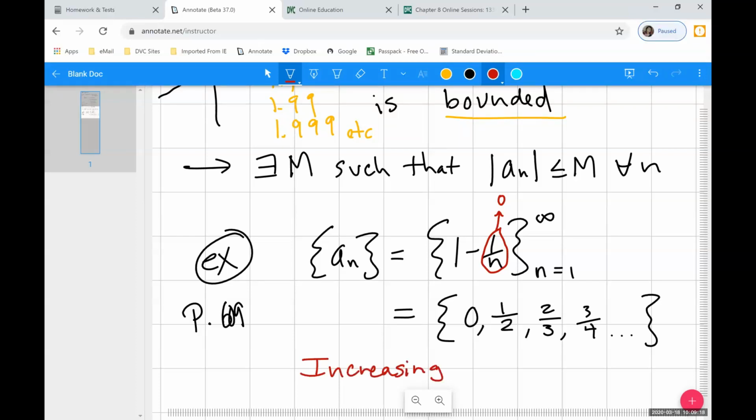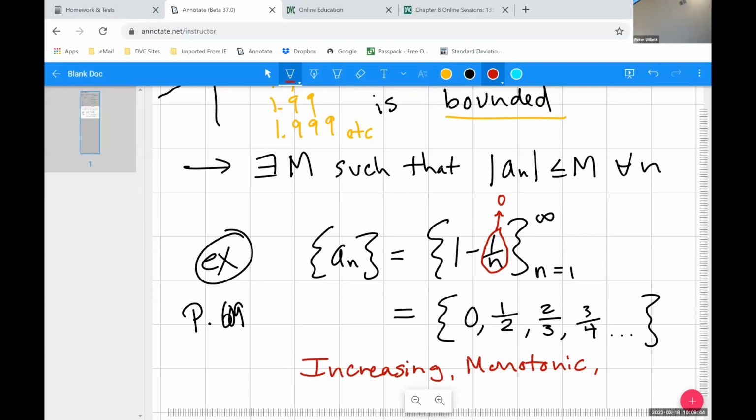Could you also say that it's monotonic since it only moves in one direction? Absolutely. So in fact, just again, to be clear, monotonic means that it's either non-increasing or non-decreasing. And note that that's a weaker statement than to say whether it's increasing or decreasing.